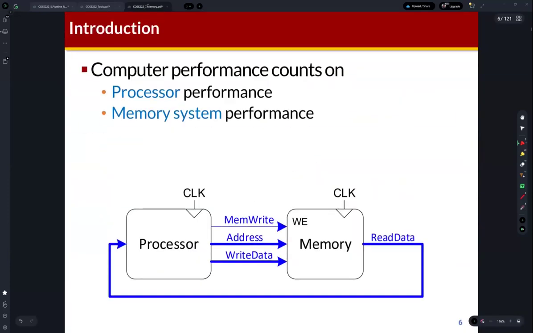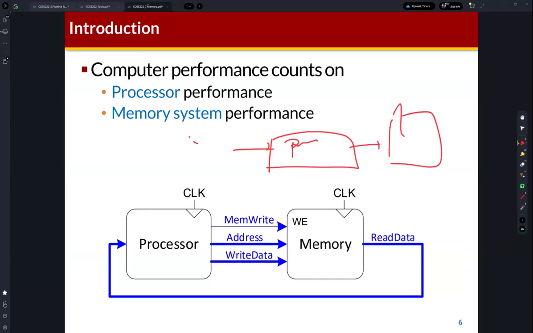Actually, we learned about a very simple model in chapter 2. This is the processor, then an instruction is given, and the processor can access two types of memories, the register file and main memory. This is the instruction execution model we learned in this course.